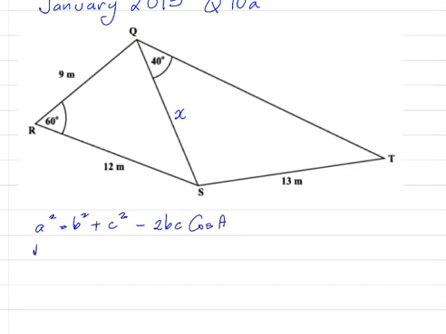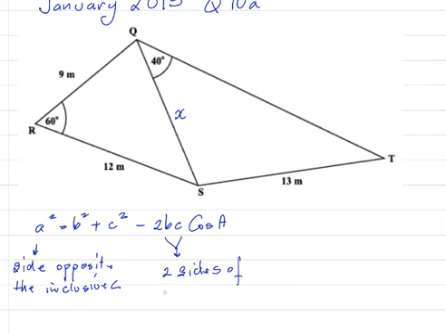So for the cosine rule formula, a is the side that is opposite the inclusive angle. B and C are the two sides of known lengths, and A is the inclusive angle.